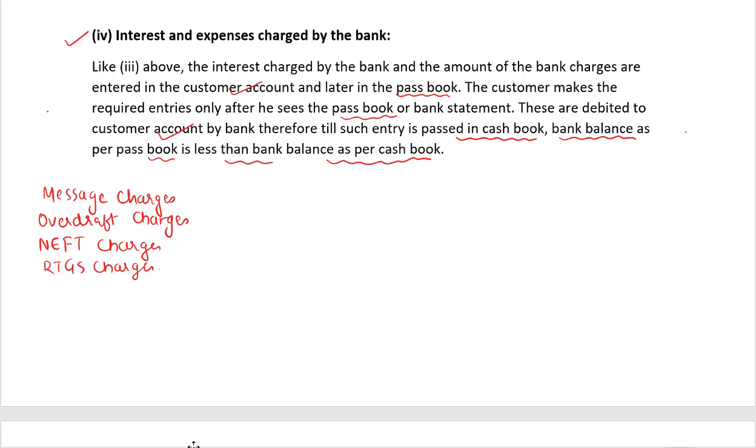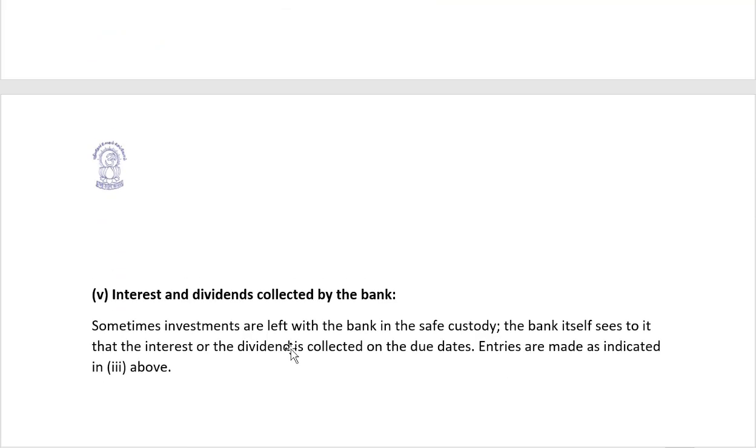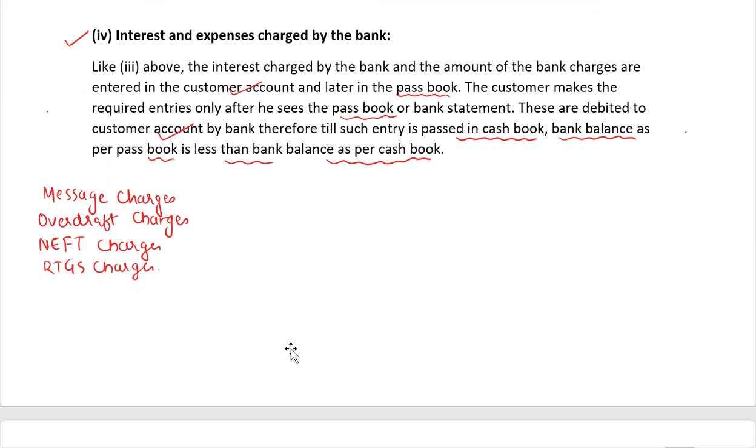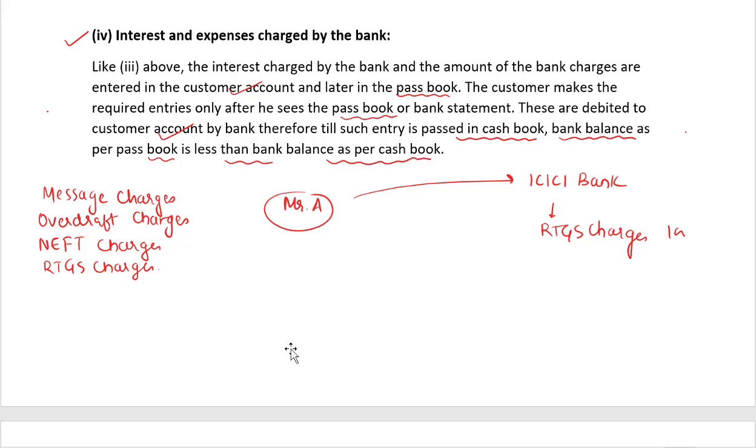So I'll quote an example over here and then we'll try to understand this. Supposingly, this is Mr. A. He has an account with ICICI Bank. The bank has charged him RTGS charges. The charge is 100 rupees.